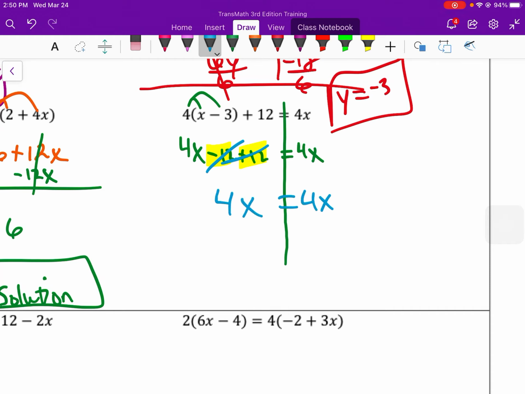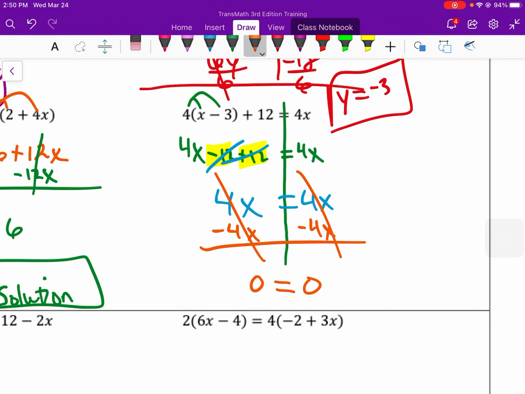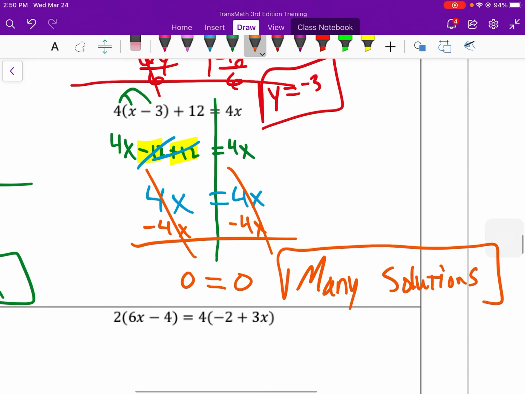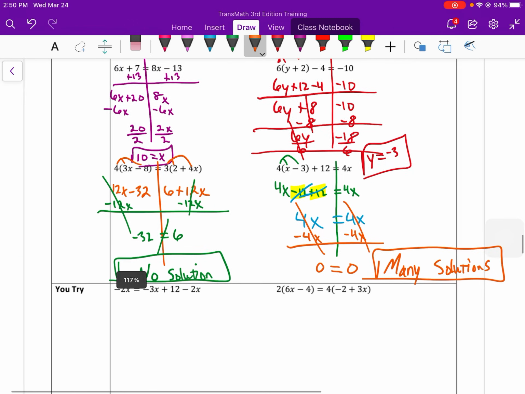Again, I hope you notice that the left and the right are exactly the same, but we still want them on the same side, so I would subtract 4x from both sides, and I would see that I get 0 equals 0. What does that mean? That means many solutions. That's a special case. Put a box around it because that's your answer.